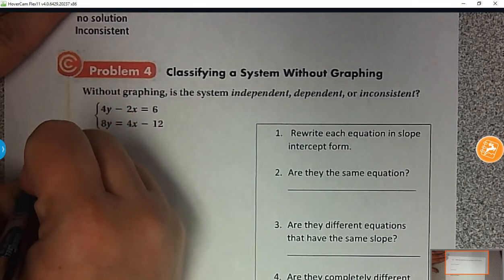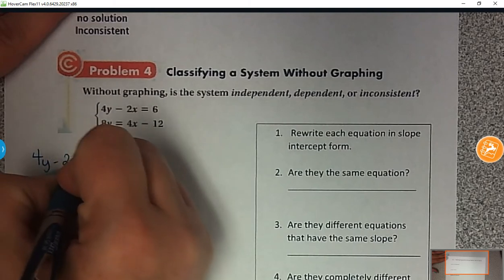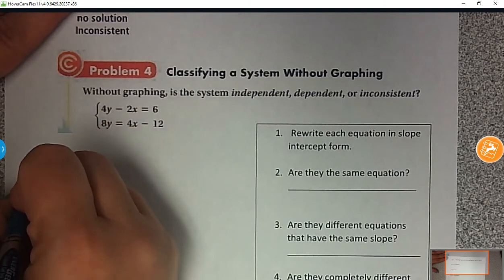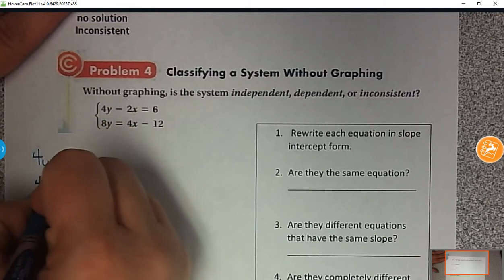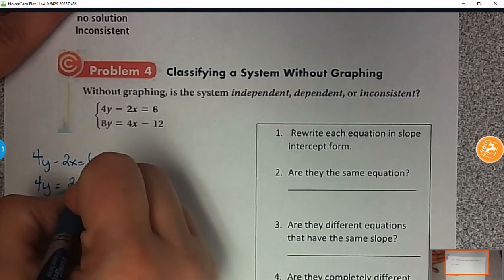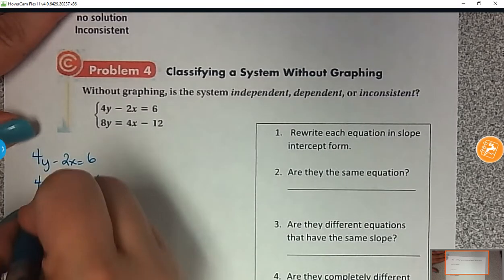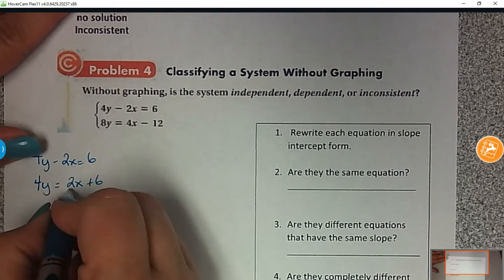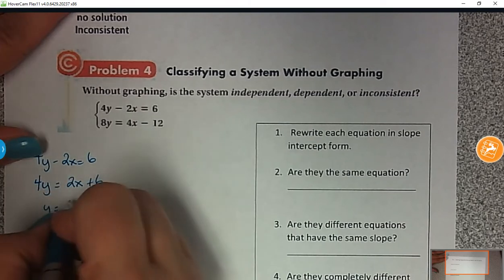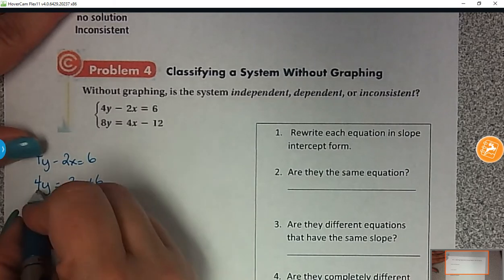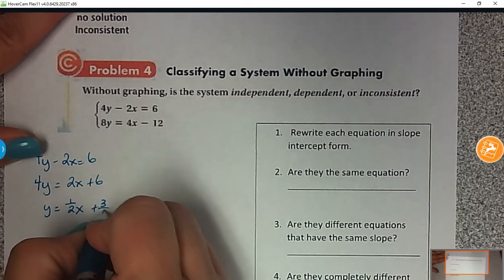So if I take this equation, move the 2x over, and then when I divide everything by 4, your 2 over 4 will reduce to 1/2 x. 6 over 4 will reduce to 3/2.